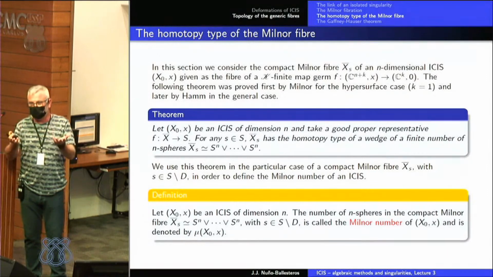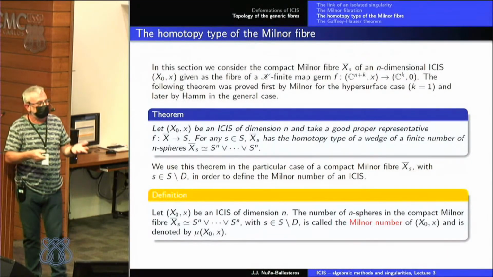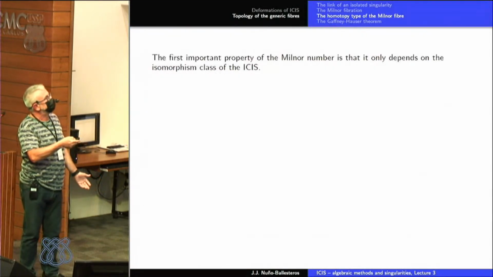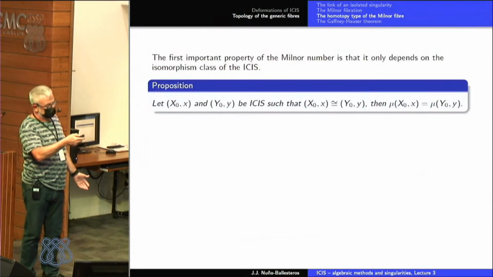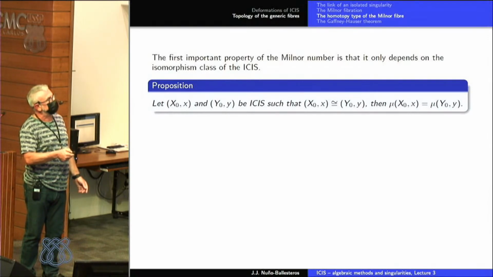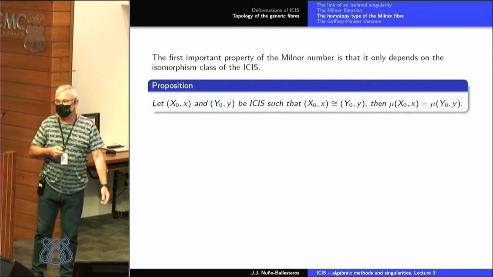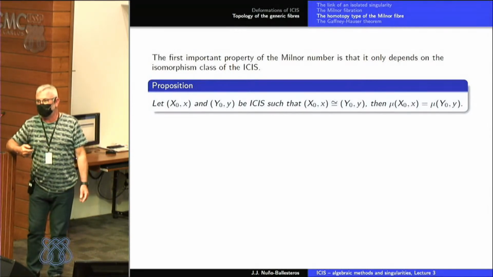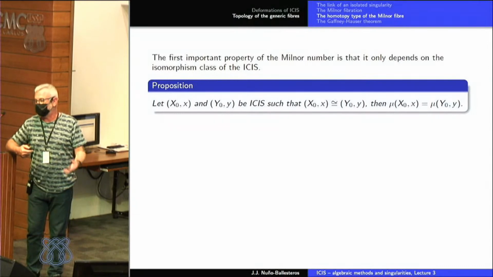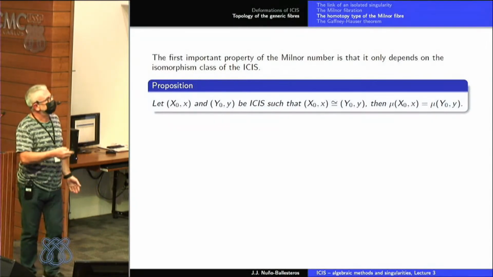So two different Fs will be K-equivalent, and then this first theorem is important. This is not trivial. If we have two ICIS which are isomorphic, then the Milnor numbers are equal. So this shows that the definition of the Milnor number is independent also of the choice of the map germ F. Okay?